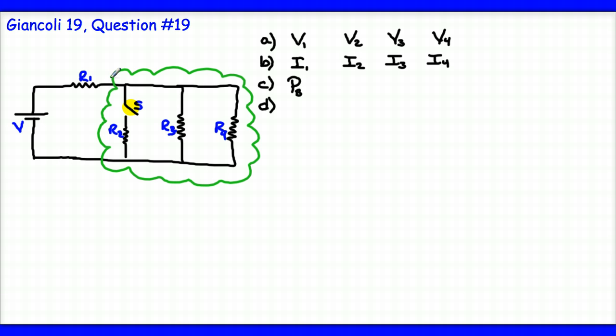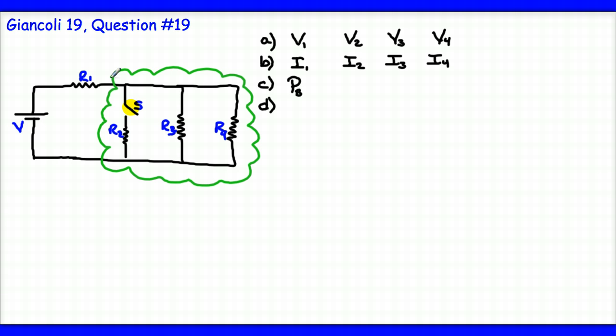Remember that adding resistors in series increases their resistive value. Adding R2 by closing the switch lowers the equivalent resistance of the network, and therefore, since R1 doesn't change, it lowers the total resistance of the entire circuit.